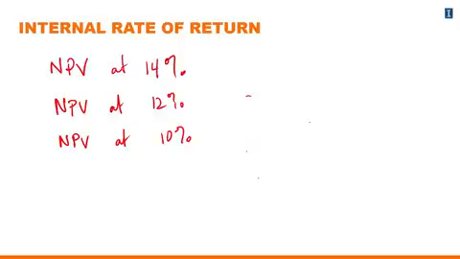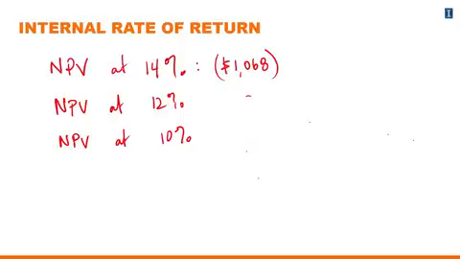This range of percentages is informed by what you think the approximate rate of return is on this project. When I calculate the net present value, avoiding all these calculations in detail, the end answer is negative $1,068. That means that the project has a negative net present value at the 14% discount rate.